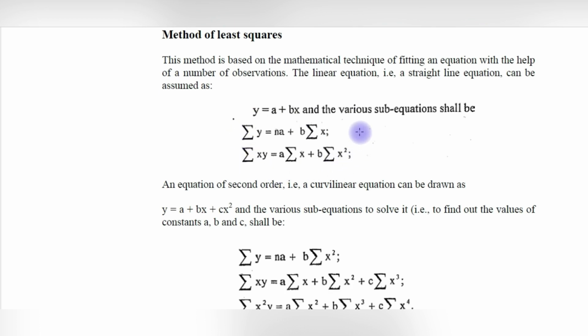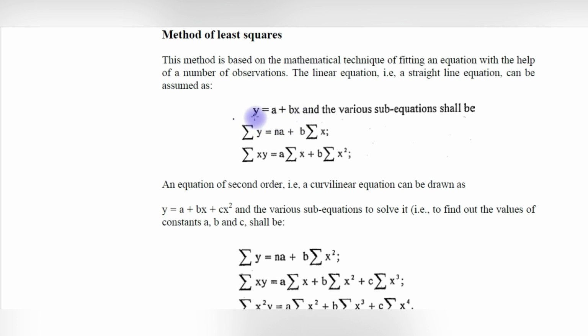This is called the least squares method, which is used in regression analysis for finding a straight line which passes through all the points. The equation is y equals a plus bx, or y equals mx plus c, which represents the input production, output production and the total expenses incurred.